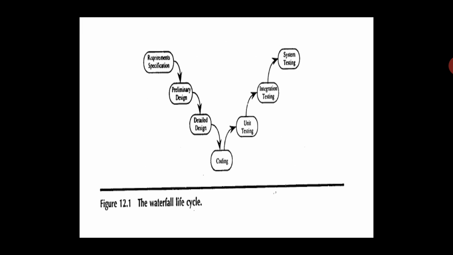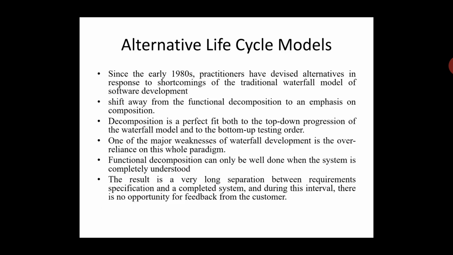So we have been using this model for the last few years. This is a traditional view of the software development process, also called the V model because of its shape, right? Since the early 1980s, practitioners have devised alternatives in response to shortcomings of the traditional waterfall model of software development.